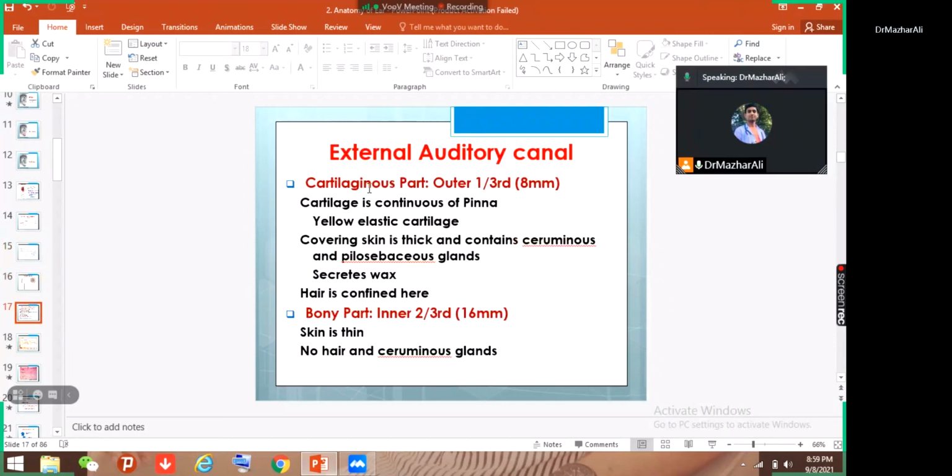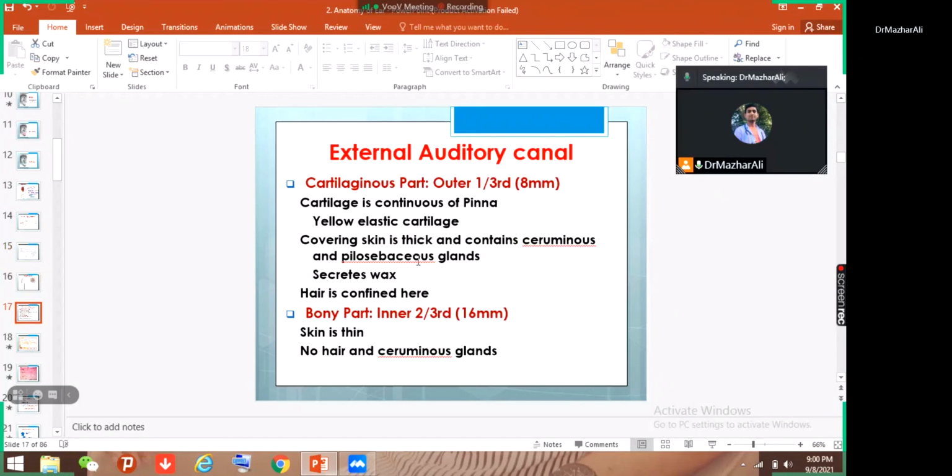The cartilaginous part makes one-third of your external ear canal, and the cartilaginous part is a continuation of the pinna. The pinna itself is made up of outer layer skin, so that skin continues inside the external ear, and this is yellow elastic cartilage. The covering skin is thick and contains ceruminous and pilosebaceous glands that secrete wax.